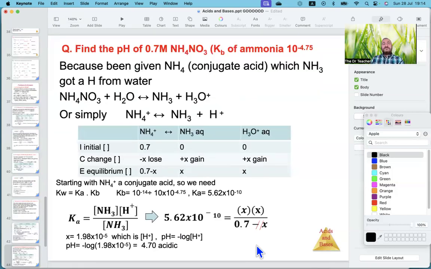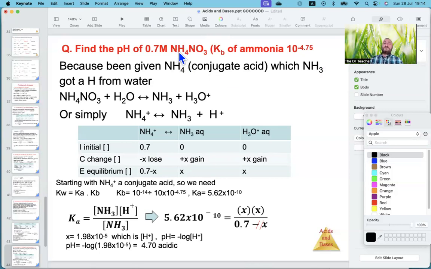Okay, find the pH of 0.7 NH4NO3, and the Kb of ammonia is given. Because NH4 is given, it's a conjugate acid. You remember NH4, ammonium?